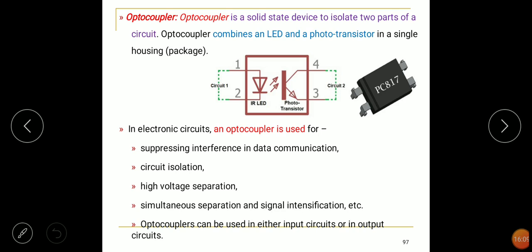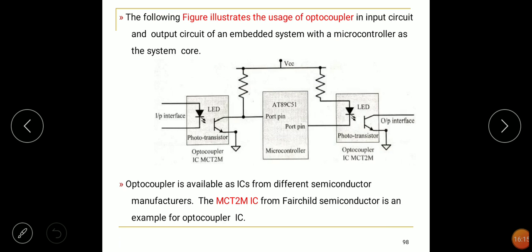Optocouplers can be used in either an input circuit or an output circuit. Here is an example of a simple circuit with the optocoupler connected for both the input and the output pin of the microcontroller.